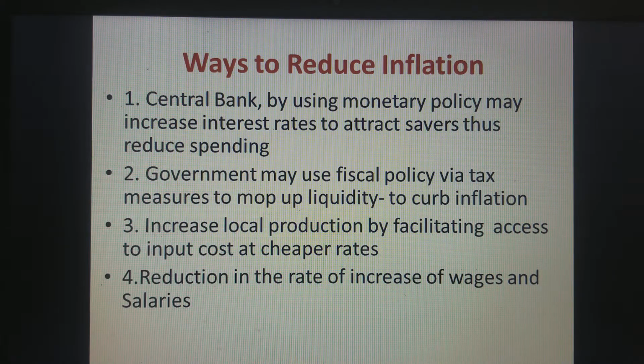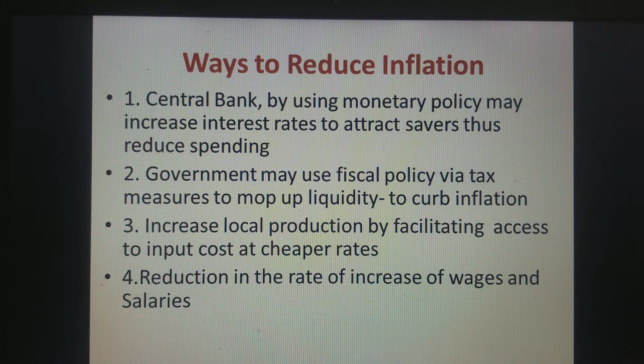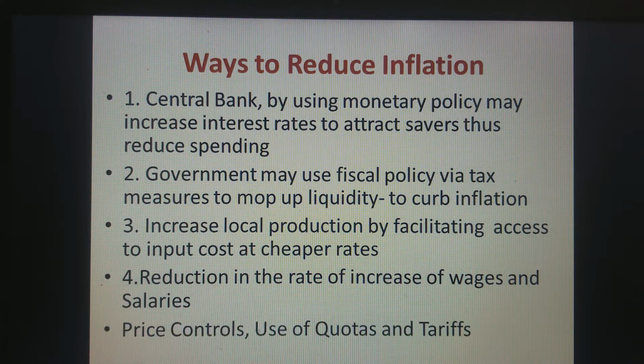When cost of production goes up, then the price of goods is going to go up. When the price of goods go up, it's inflation taking place. Yes? So if there is a control in the increase in wages and salaries, then it will reduce inflation.